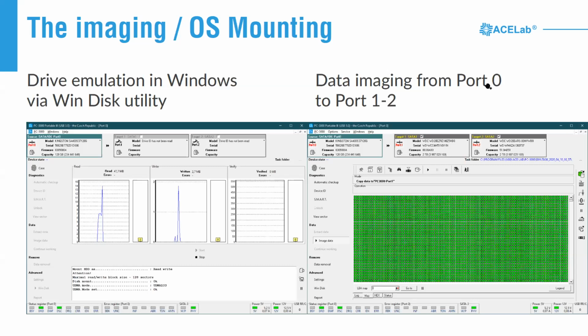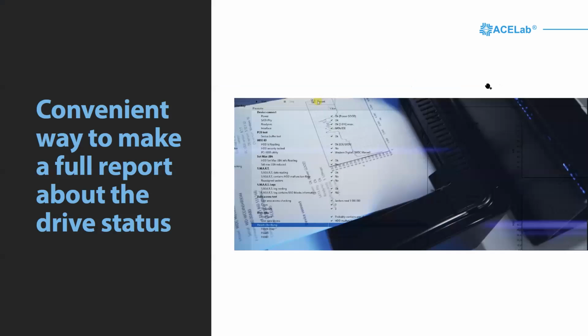And of course, it will be possible to do imaging from port number 0 to target ports number 1 and 2 if you want to make a full copy of the drive. And at the end of the scanning procedure, at the end of testing, you will be able to generate reports and provide these reports to your customer or to your courts if we are talking about a digital forensic case.